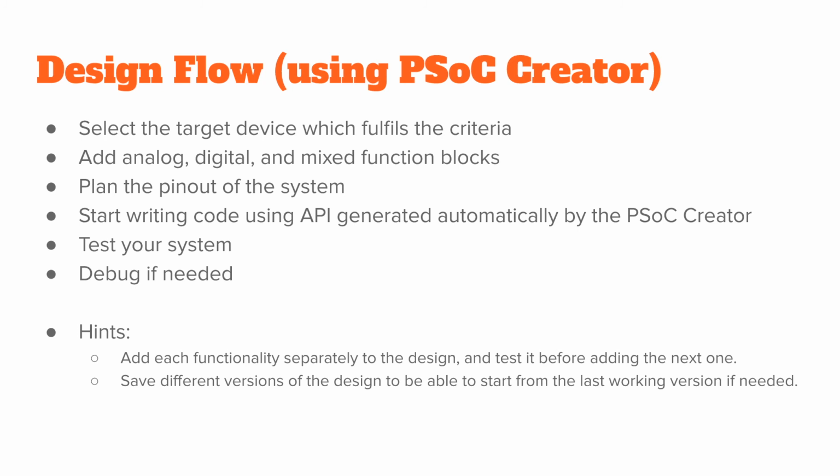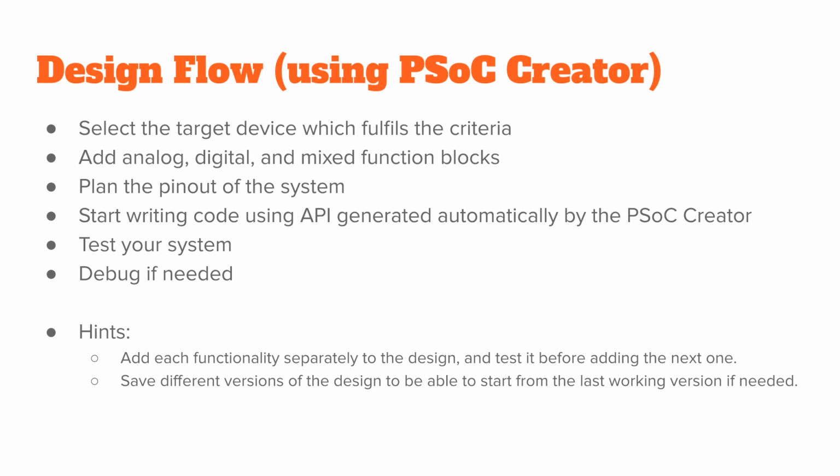So first of all, you start with an overall design which basically gives you the framework of what should be done. Next you start adding the components. So for example, if you need a system that has an analog to digital converter, I would start from the analog to digital converter, adding just that one and make sure that it works before going to the next step.